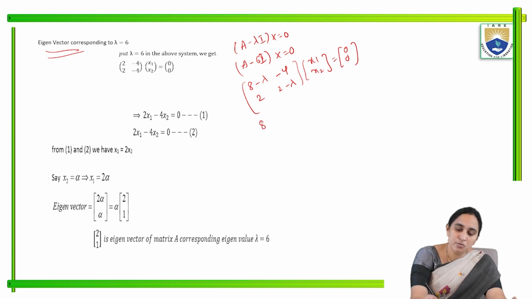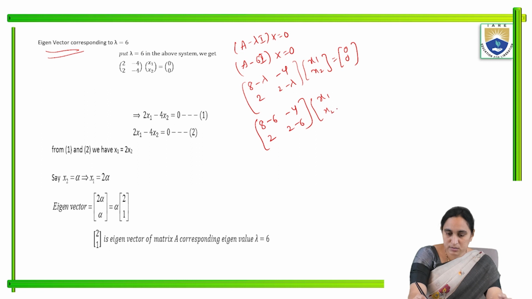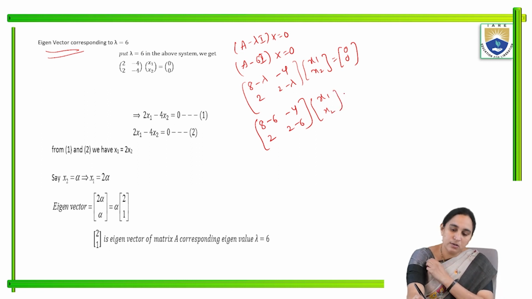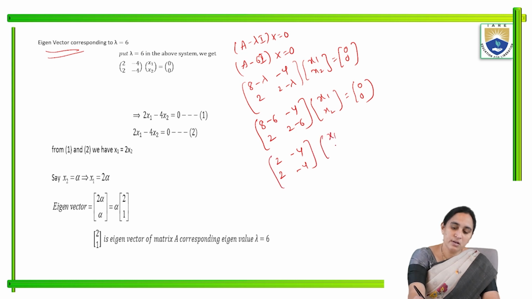Here the lambda value is 6, so substitute it: 8 minus 6 means 2, and minus 4, 2, 2 minus 6, minus 4, into x1, x2.